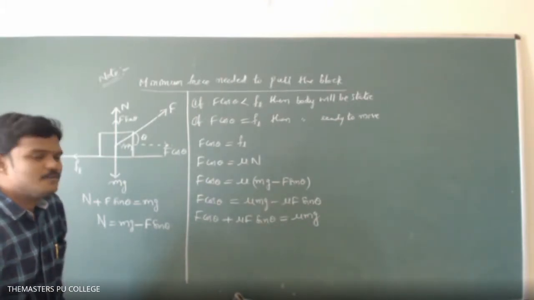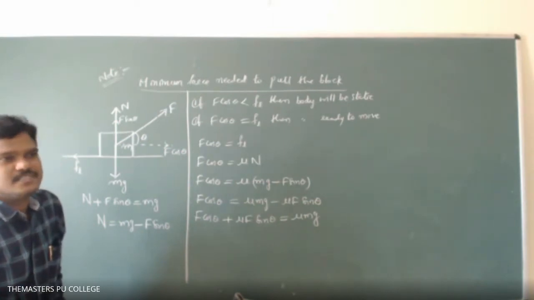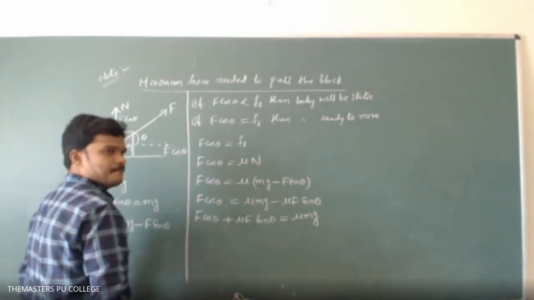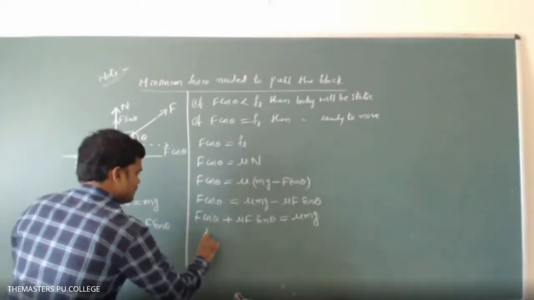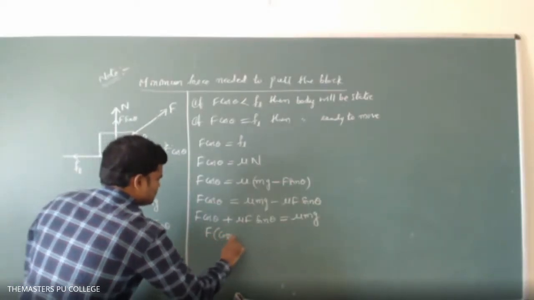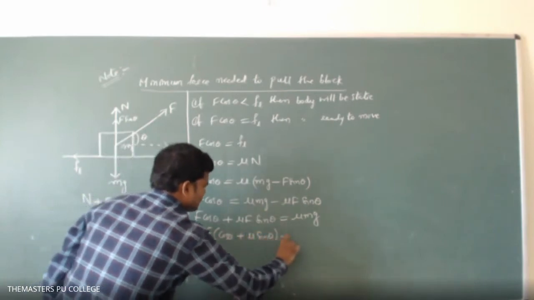Got it? What is the target? F. Shall I take F common here? Yes, because F is available. Then take F common: F times (cos theta plus mu sin theta) is equal to what?